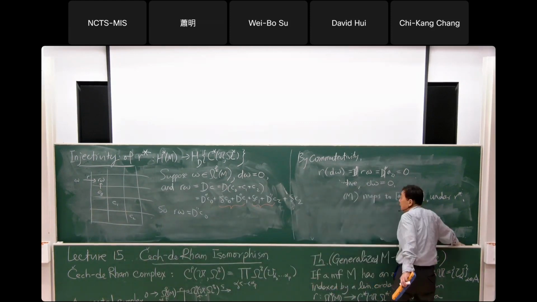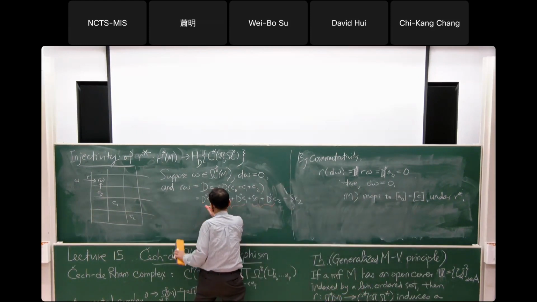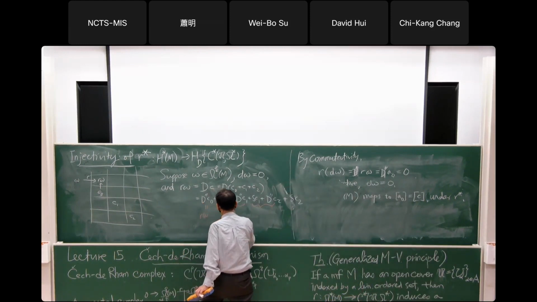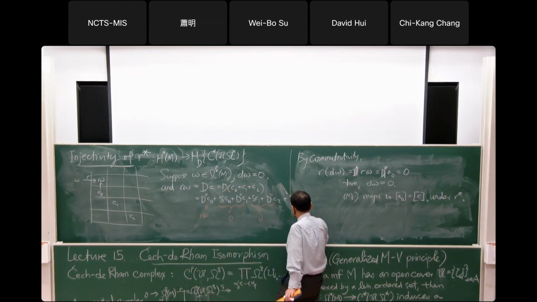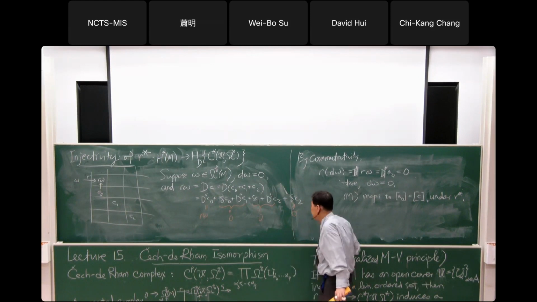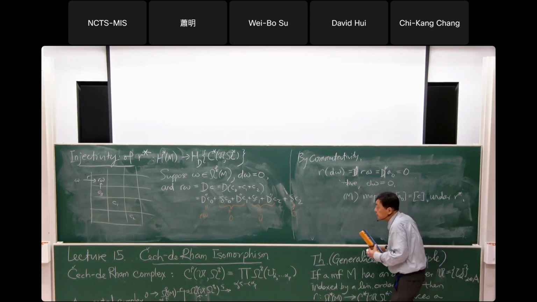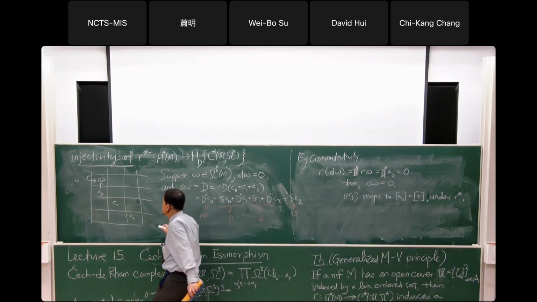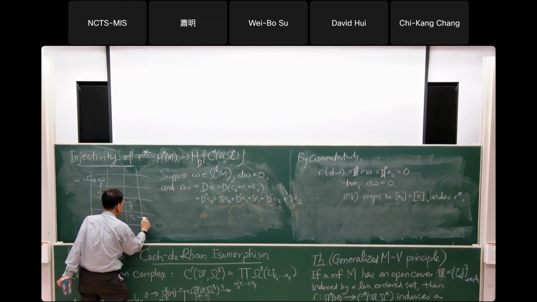So this has to be R omega, and this has to be 0. This has to be 0, and this has to be 0. So you've got this picture.